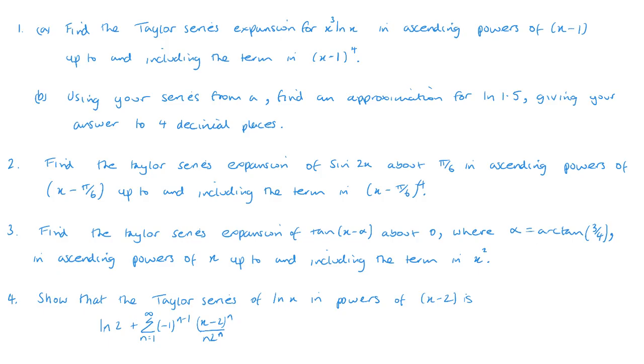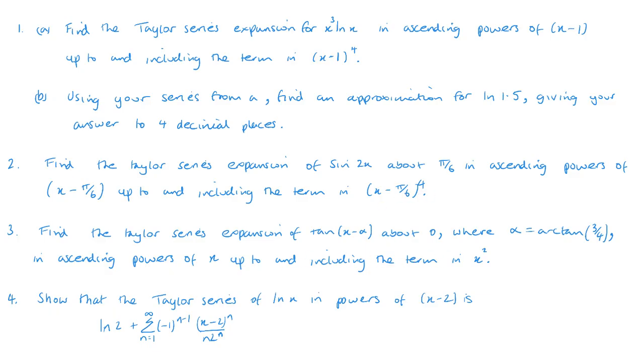So I've got 4 questions for you here. They're all past paper questions, all roughly 6 marks each. If it's just a Taylor series expansion like here, this is probably worth 4 marks.